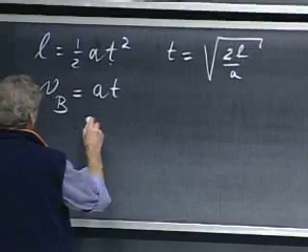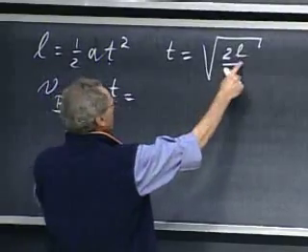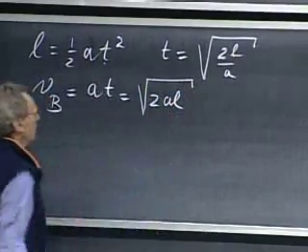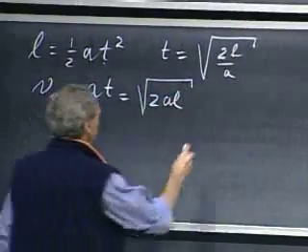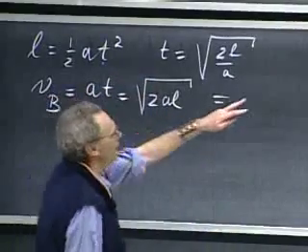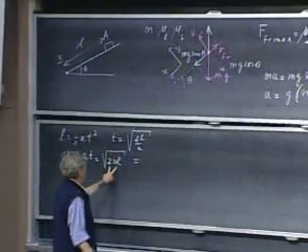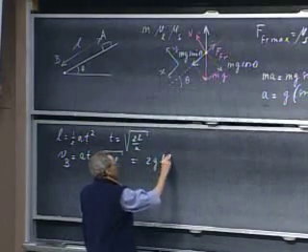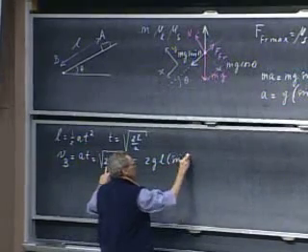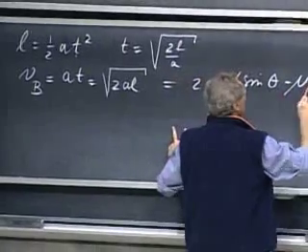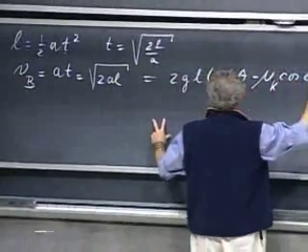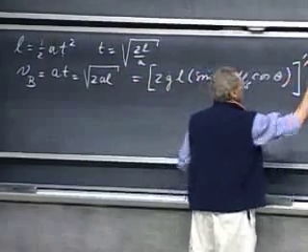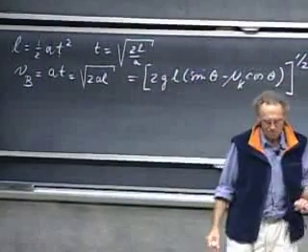And so that would become, if we multiply this by a, the square root of 2aL. And if you want to see that in all glorious detail, then of course you'll have to take that a and multiply it by 2L and take the square root. So we get 2gL times the sine of theta minus mu k times the cosine of theta, and the whole thing to the power 1/2. That is the speed at point B.